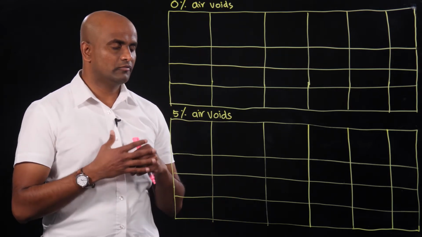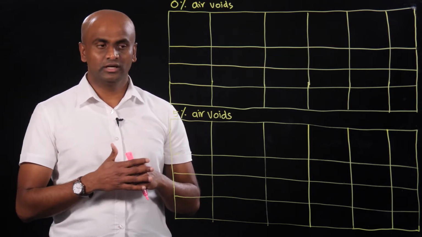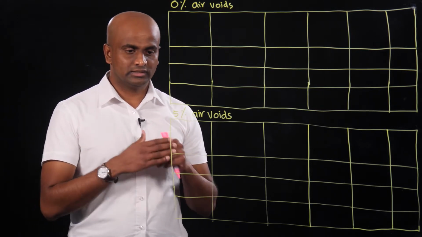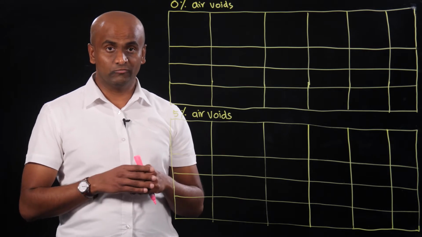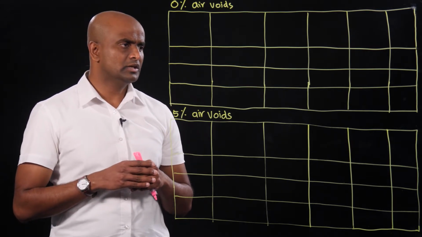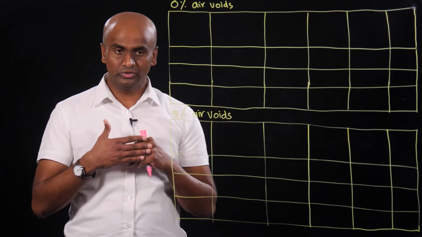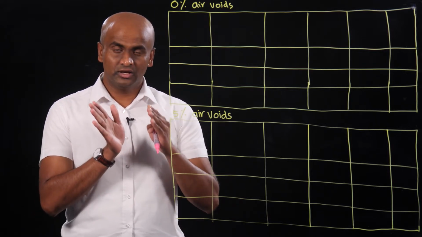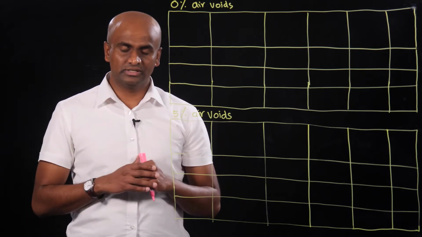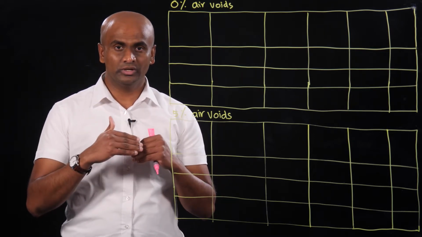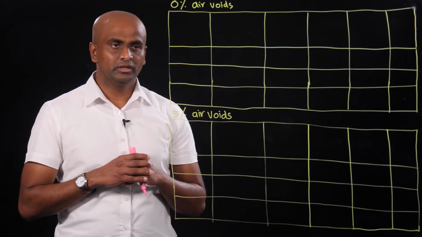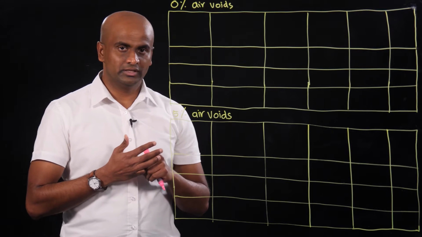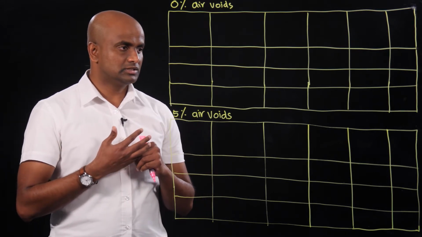Therefore whatever the dry density value you select will be the mass of solid in that soil sample in a 1 cubic meter volume. When you select some arbitrary values, you need to make sure that your 5% and 0% air void lines will still be in the same plot that you have drawn your compaction curve. If you look at this question, the dry density values vary from 1800 to 2000.